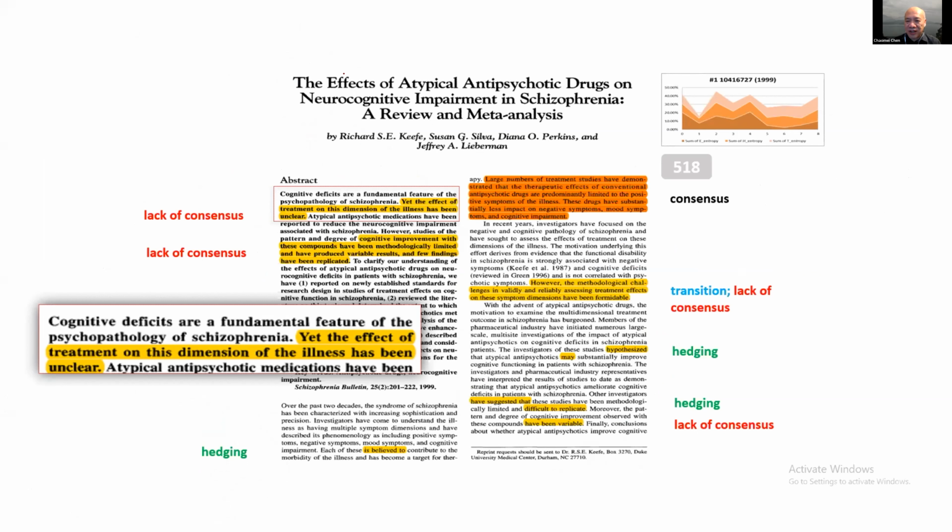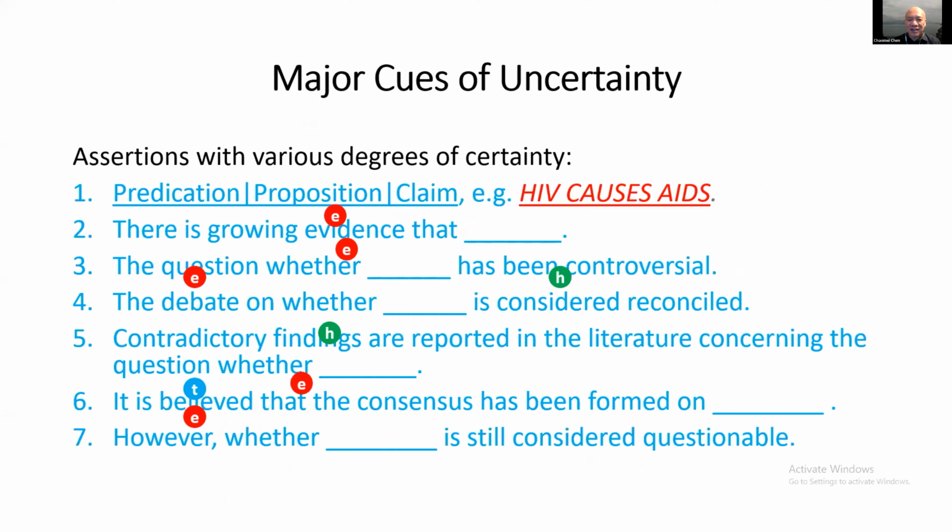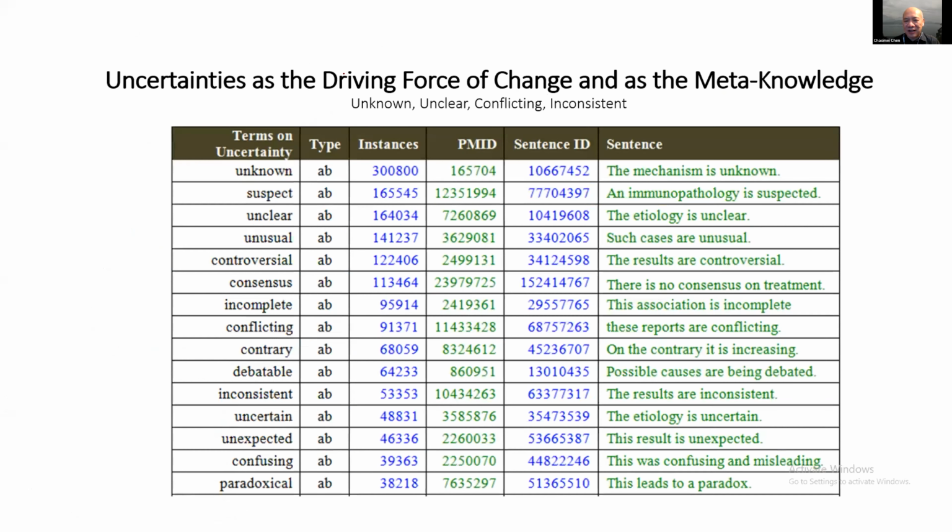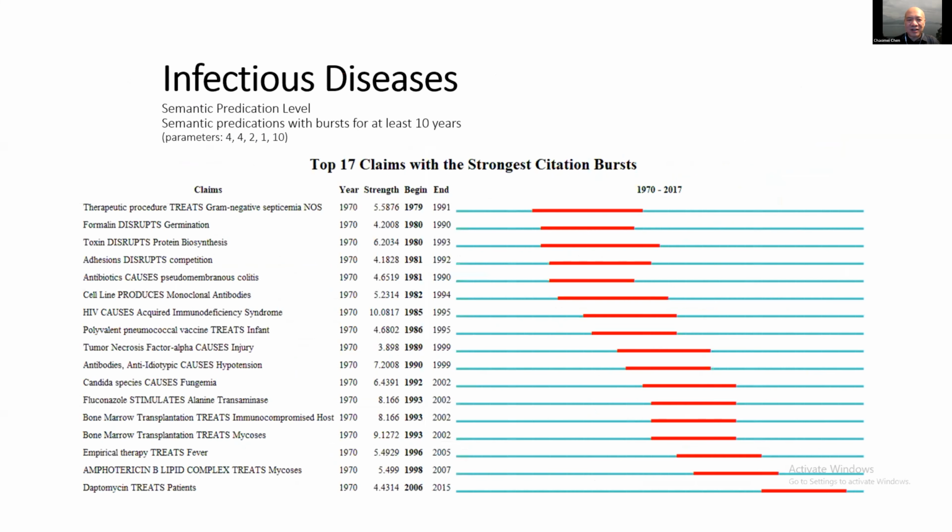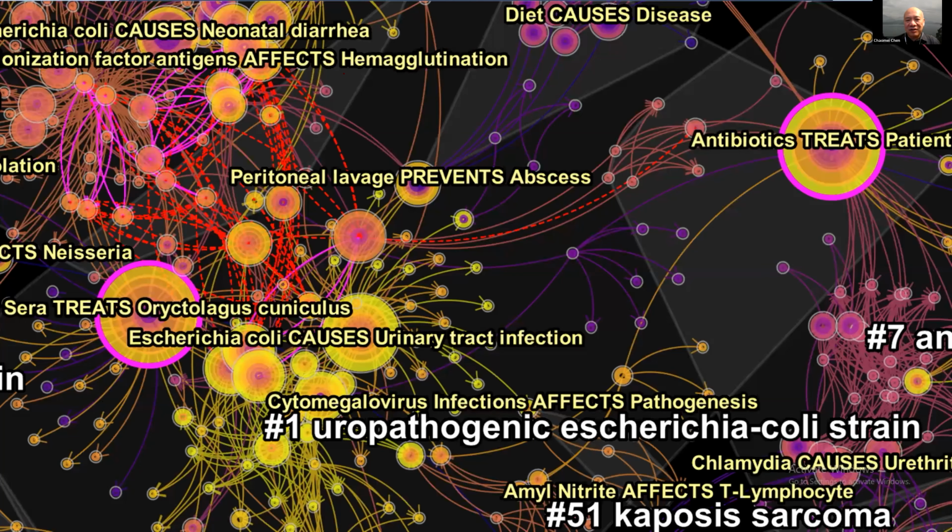Rather, we strip off the uncertainty part and emphasize the one that is stable. So I will give a little bit of summary here. This is a table of how common uncertainty is, found in almost every paper published here.